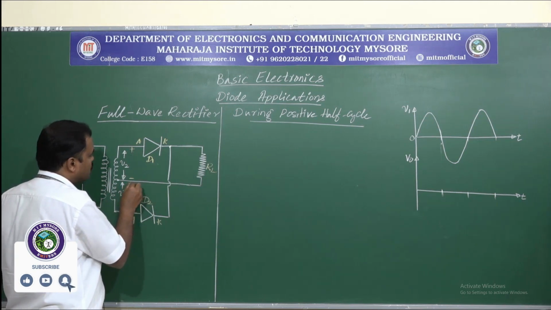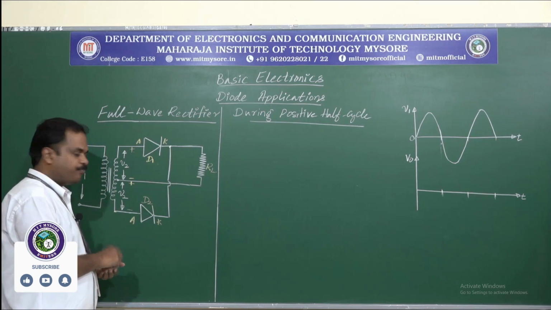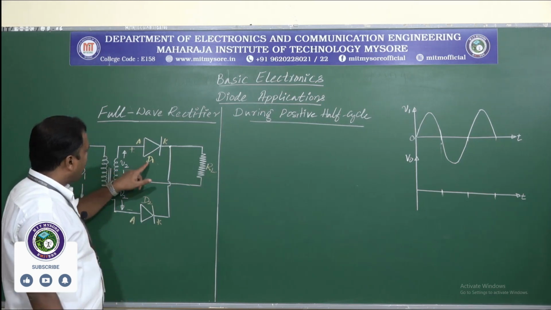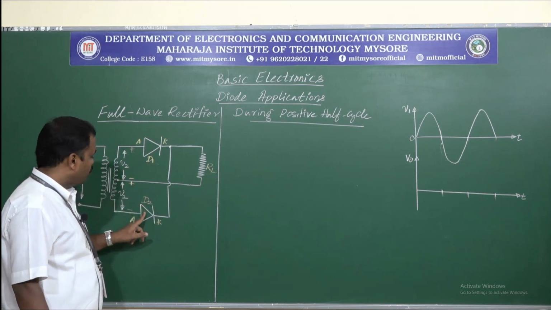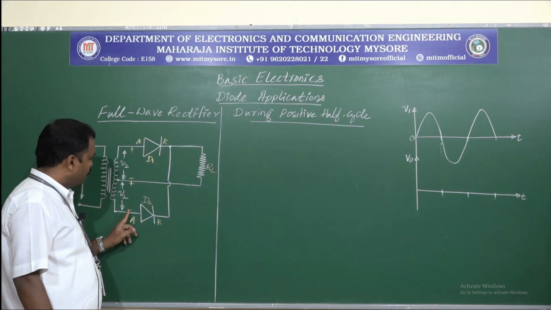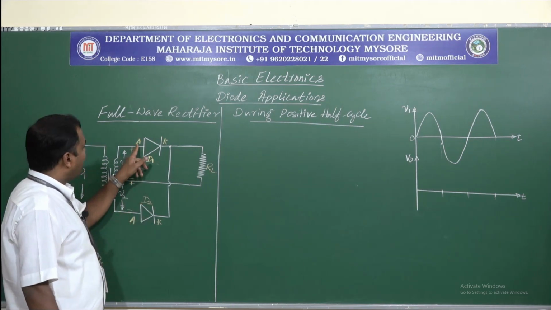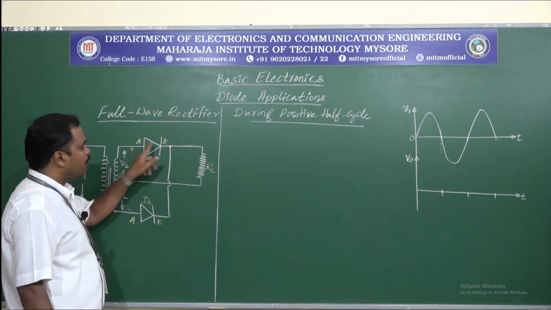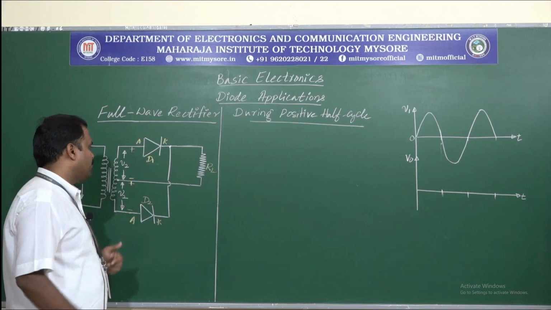Same way, this is going to be plus and this is going to be minus. So obviously diode D1 will be forward biased and diode D2 will be reverse biased, because the anode of D2 is connected to negative potential with respect to the cathode, whereas the anode of D1 is connected to positive potential with respect to the cathode. Diode D1 will be forward biased.